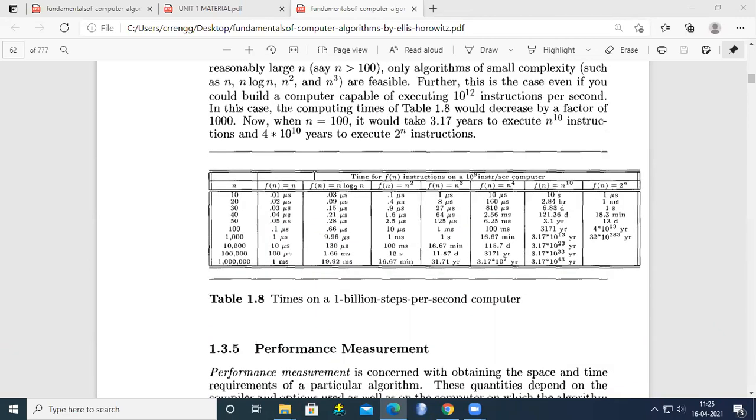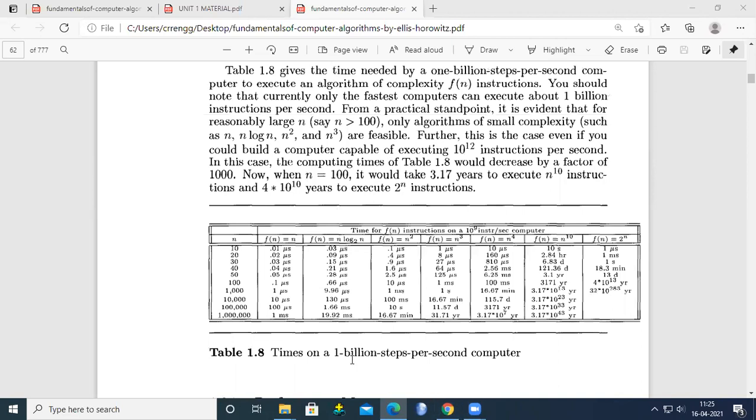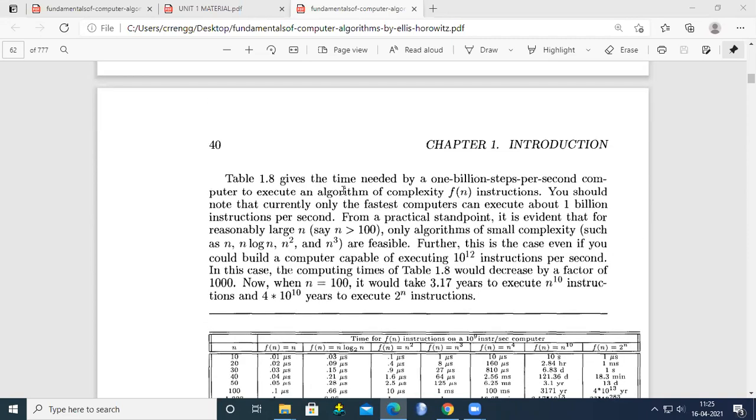So see this table: a 1 billion steps per second computer. We are taking the computer architecture, a CPU, whose performance, that is the ability, is 1 billion steps per second. The table gives the time needed by such a computer to execute an algorithm of complexity f(n) instructions. Note that currently only the fastest computers can execute about 1 billion instructions per second.